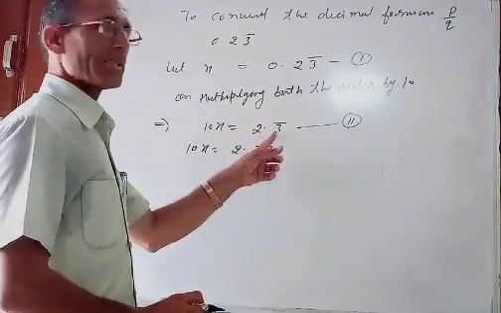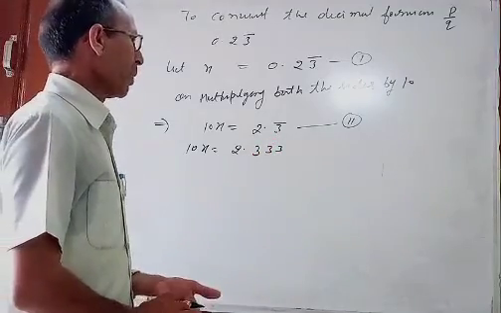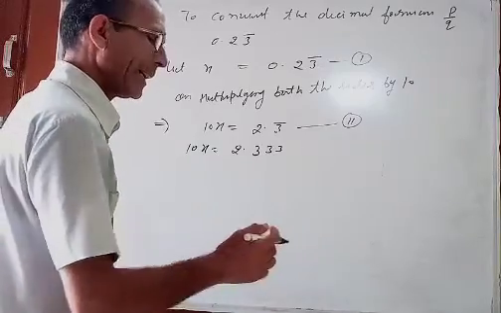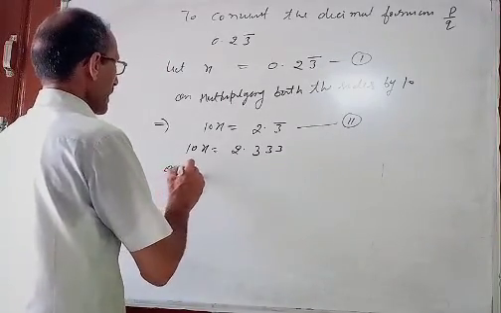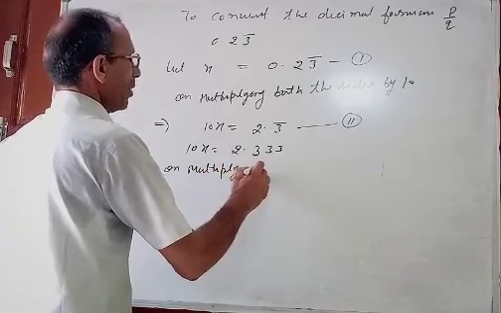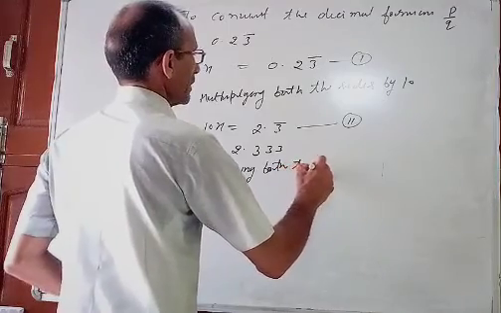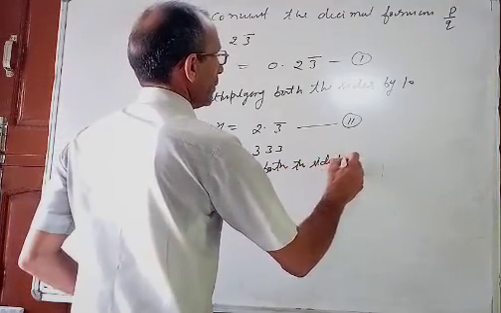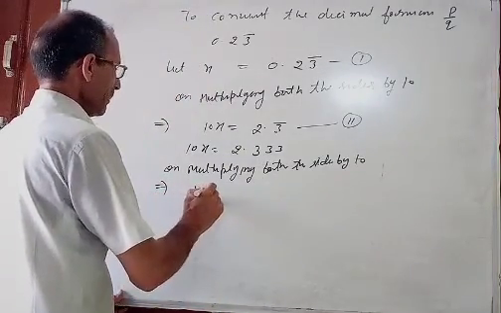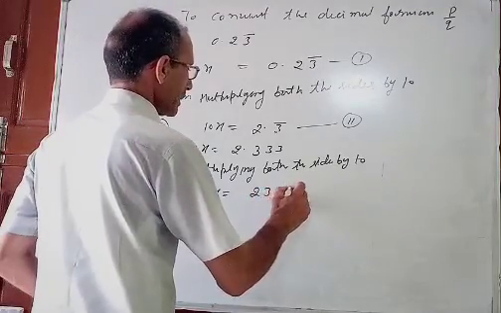So now bar is only one digit. So on multiplying both the sides by 10 again, it will be 100x is equal to 2.33, so 2, 3, 3, 3.